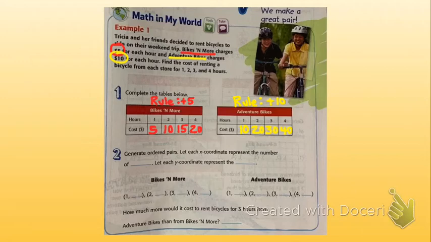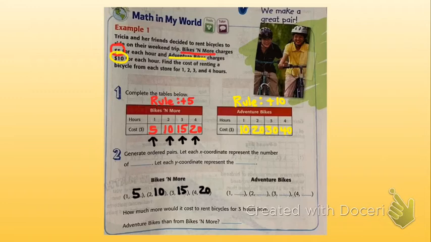That is kind of our rule, thinking of sequencing that we talked about before. So if we were to take this and make each one of these into a point, an ordered pair, and that's essentially what we're doing down here. So for Bikes and More, our ordered pairs would be 1, 5; 2, 10; 3, 15; 4, 20.